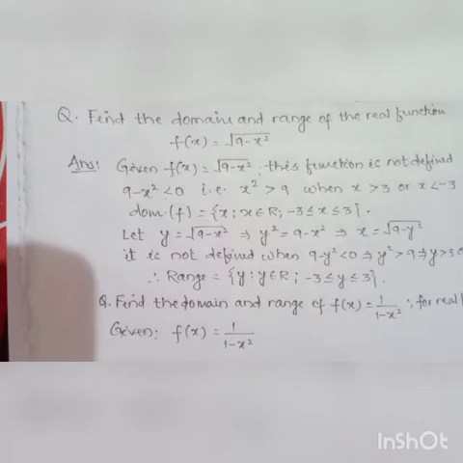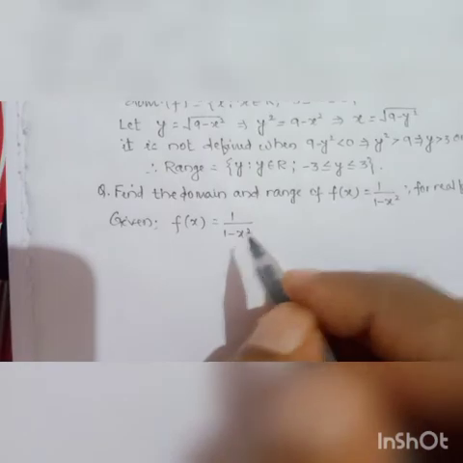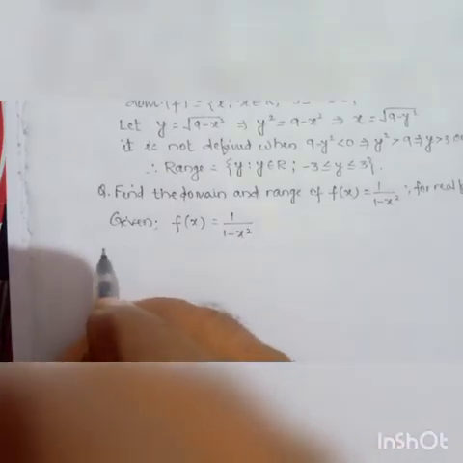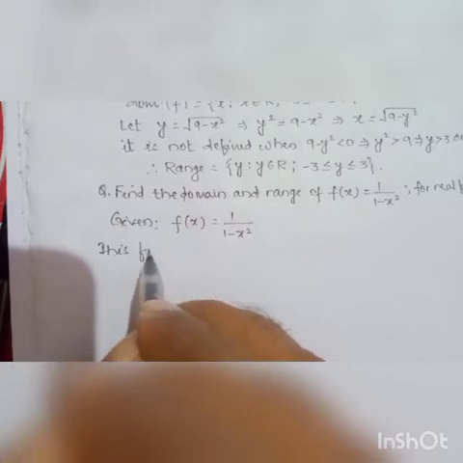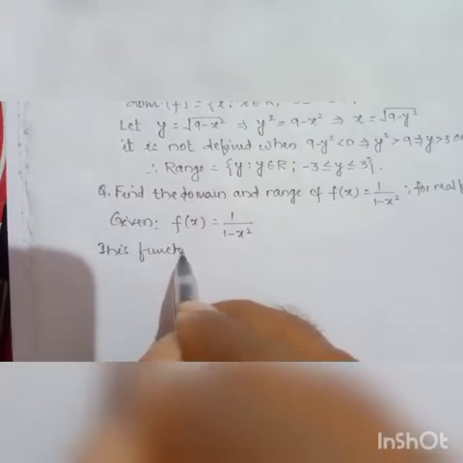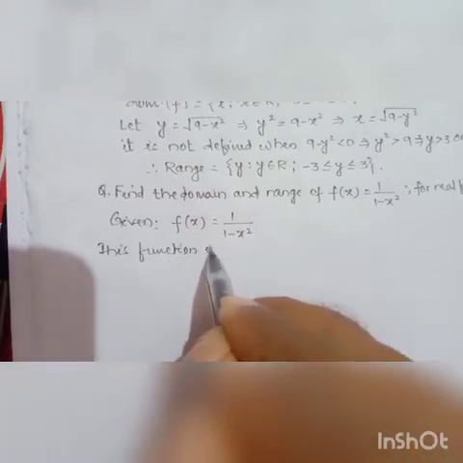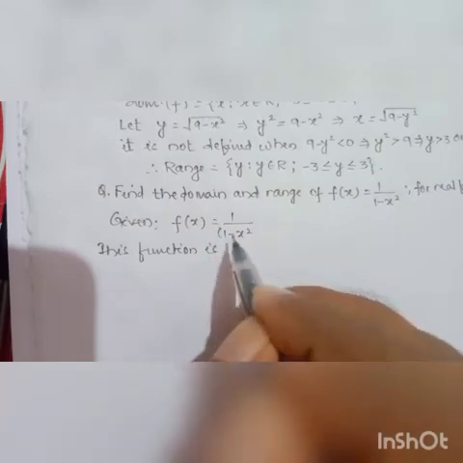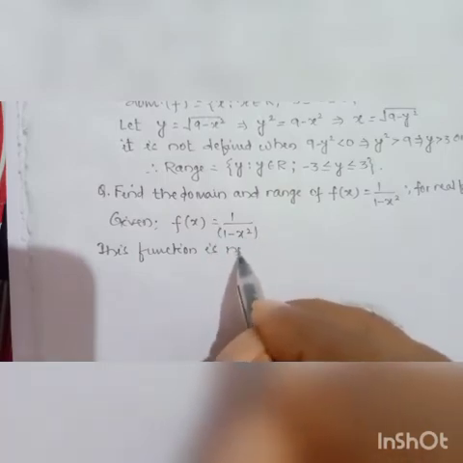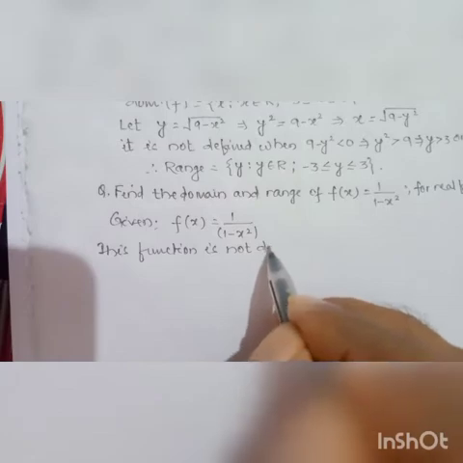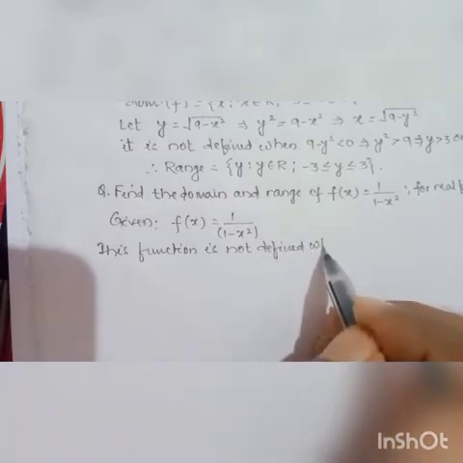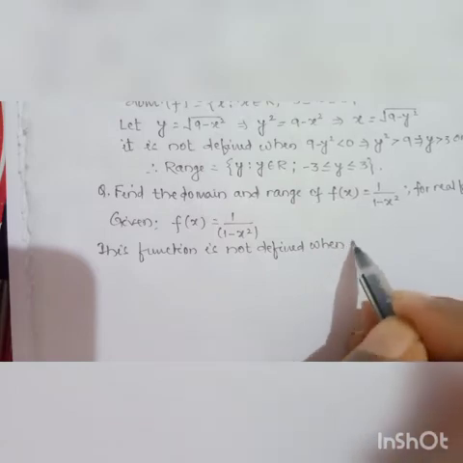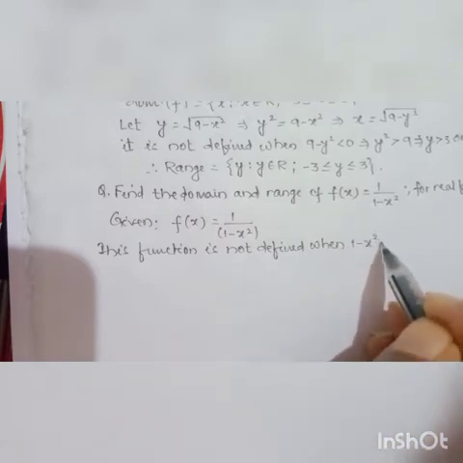When is this function not defined? This function is not defined when the denominator becomes 0, so when 1 minus x square is equal to 0.